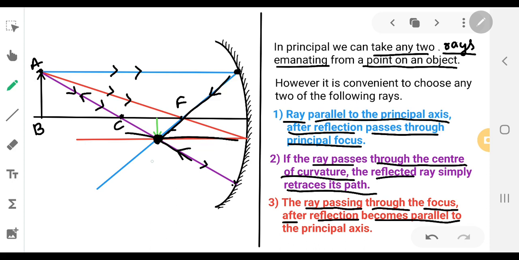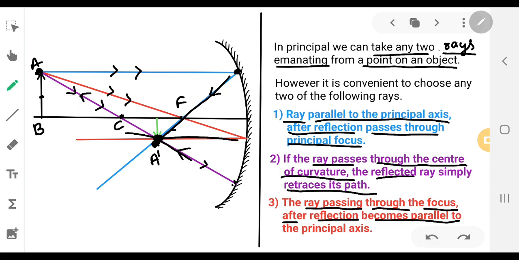So we name it as A dash, and this represents the image of A. The point where the rays coming from point A meet, we call it the image of A. Suppose we take some point Z in the middle, the point where rays emerging from there meet, we call it Z dash, image of Z.